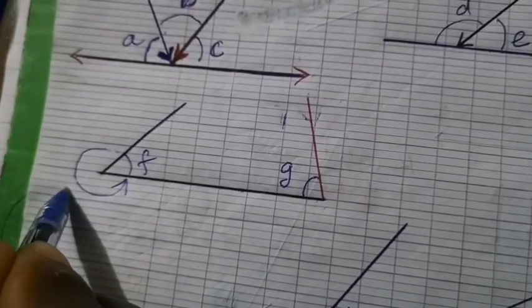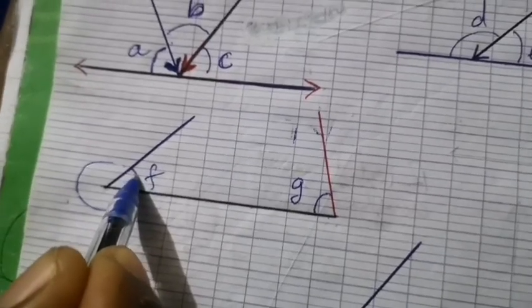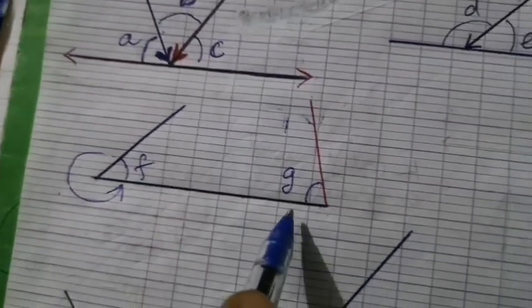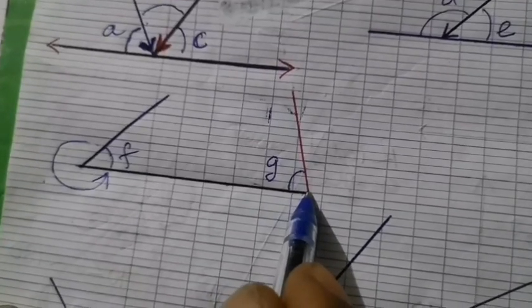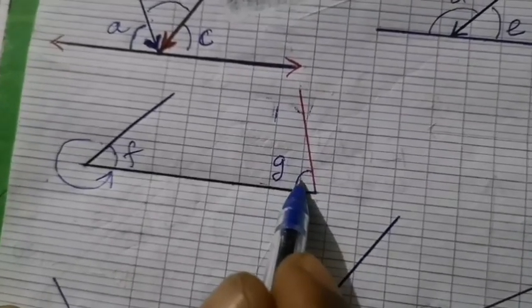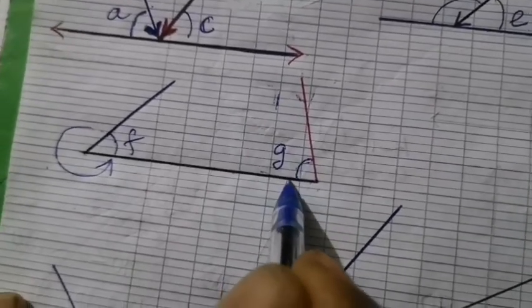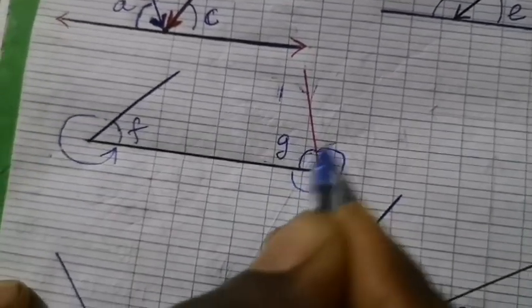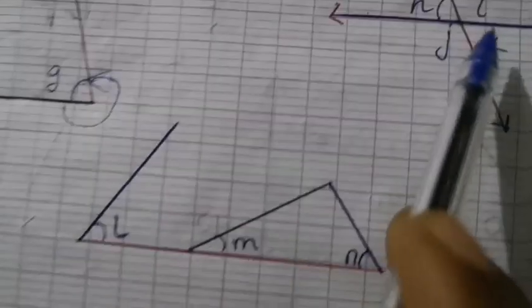So any angle here plus this F will give us 360 degrees. The same thing is applicable to this place. Since two of them meet at this point here, the angle we can use on this G is angle at a point, and that angle at a point includes this one and any other angle that is around this place, okay? Now let's look at this one.